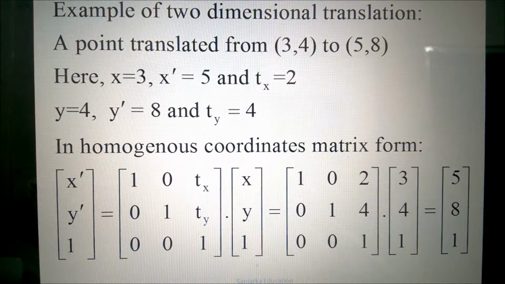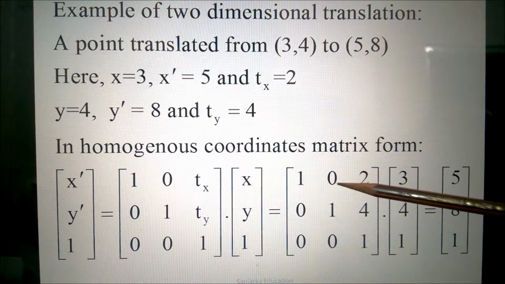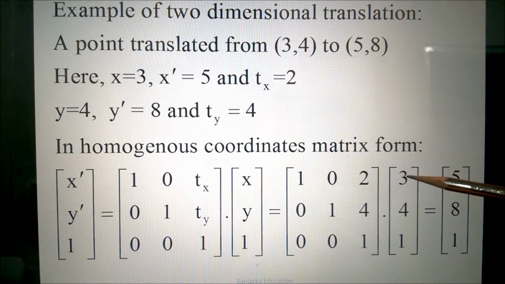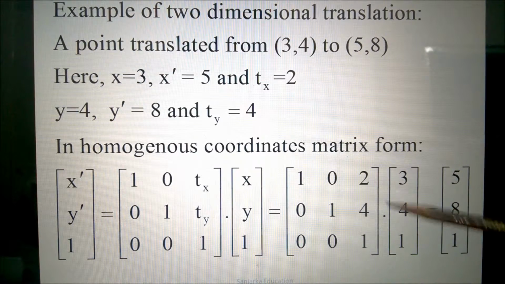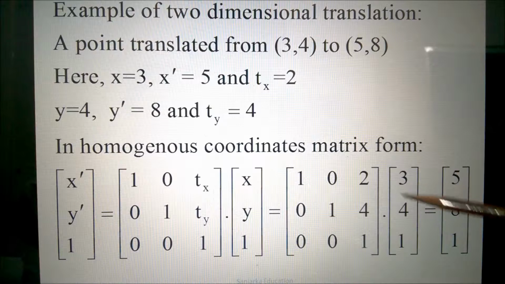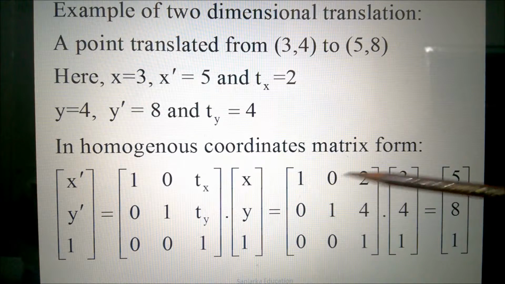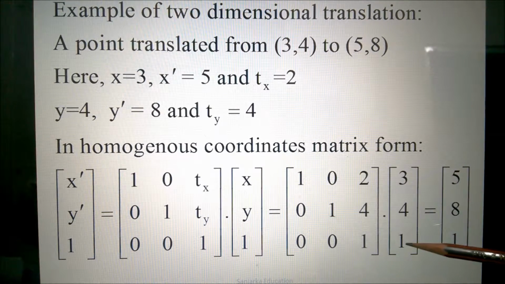You know that in case of homogeneous coordinates, one dimension is incremented, and therefore we multiply these two matrices. That means 1, 0, 2 multiplied with 3, 4, 1, that means 1 into 3 plus 2 into 1, we add it, we get 5.